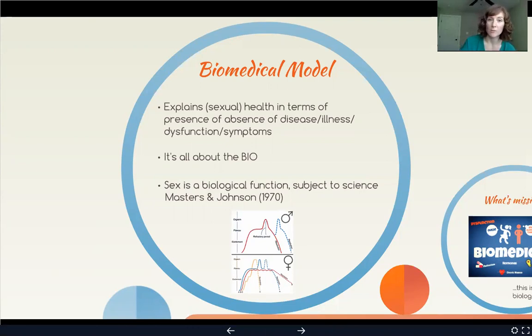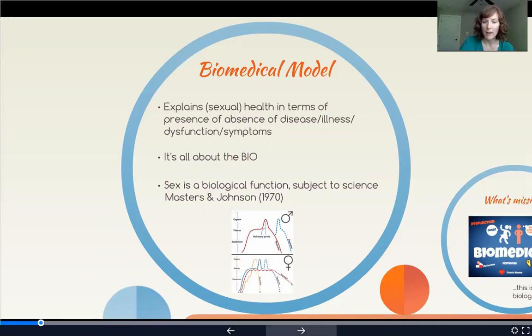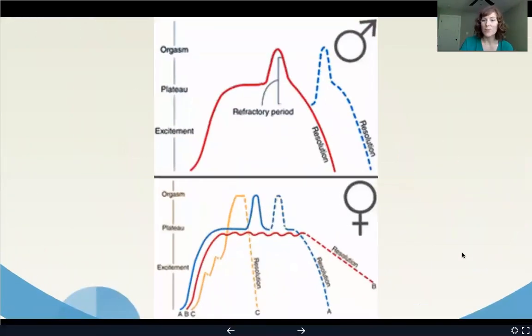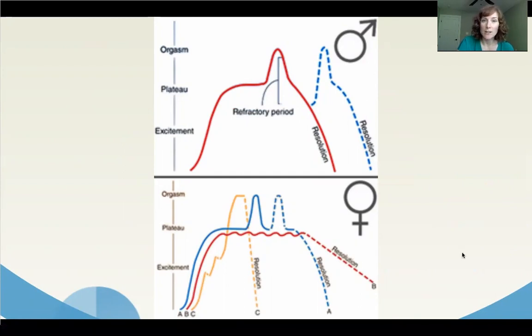I'm going to look at your symptoms and diagnose which disease you have. And that, again, is from the Masters and Johnson, and they outlined the sexual response cycle, which was all about the bio, and it's a physiological response. So we get disorders or diseases when we look at each one of these different areas, whether it's desire, arousal, which is the excitement phase, plateau phase, which doesn't happen if you have premature ejaculation, so that's one dysfunction from that phase.